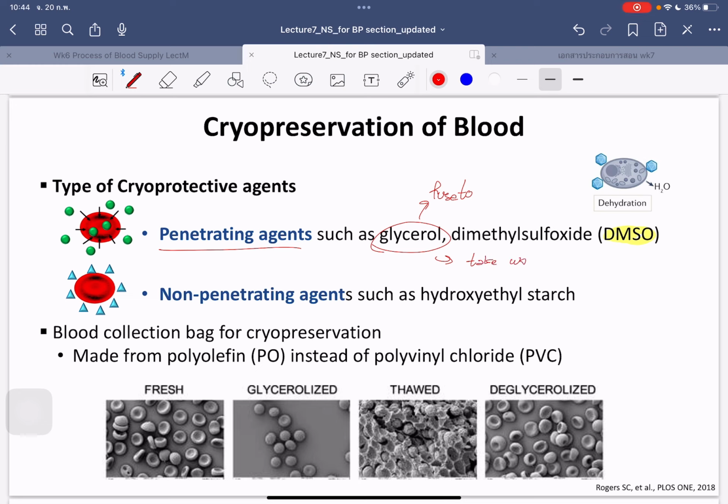Like in this picture, fresh red blood cells, and when you add glycerol, the cell is just a little bit swollen, and when you freeze, the red blood cell still has the same shape. And if you thaw it and remove glycerol from the red blood cells, they still have the same shape.